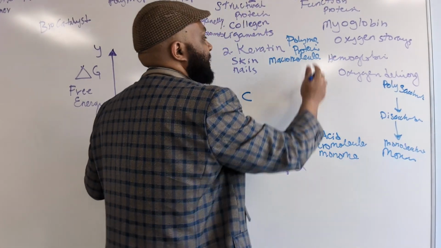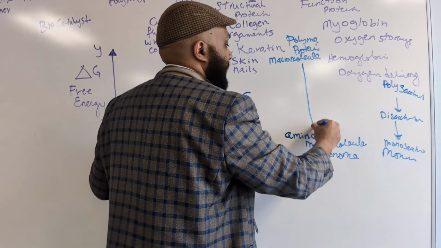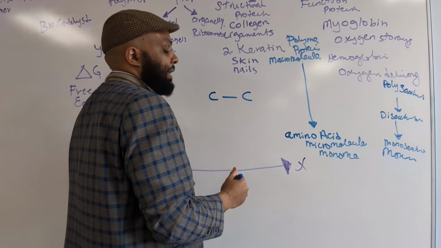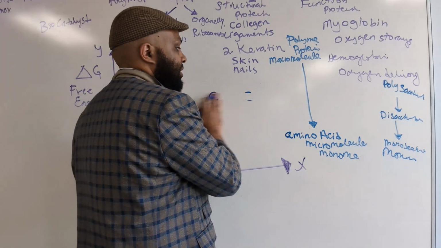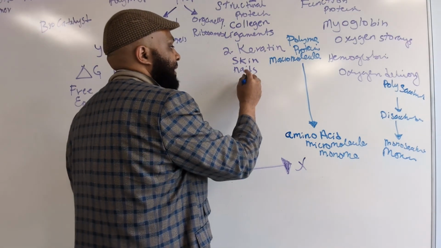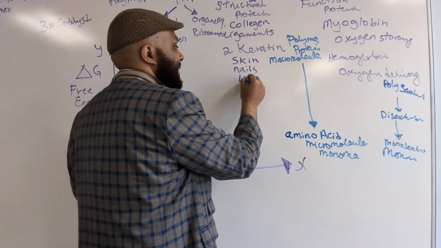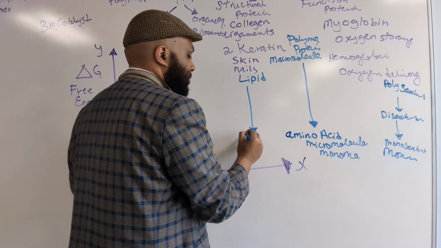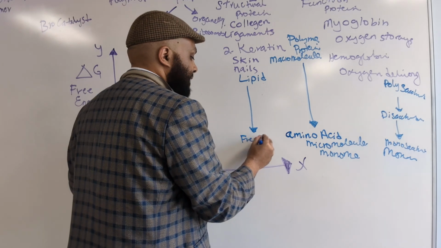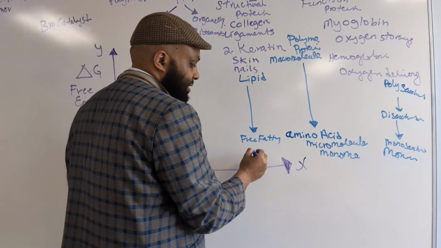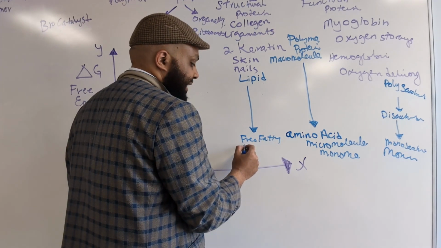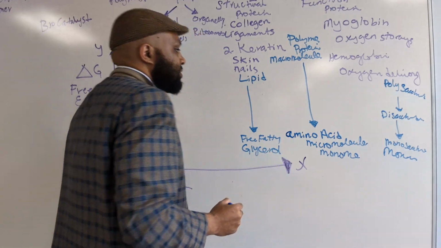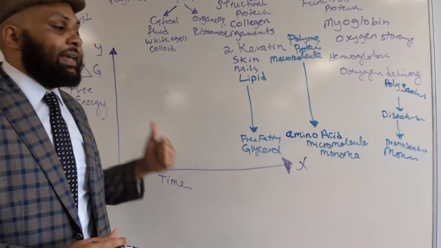And if I eat a protein, I break it down from a polypeptide. I break the peptide bond down into amino acids. If I ate a fat, if I ate a lipid, if I ate steak, I break that down from a lipid all the way down into free fatty acids and glycerol. So when I break everything down, I get energy.